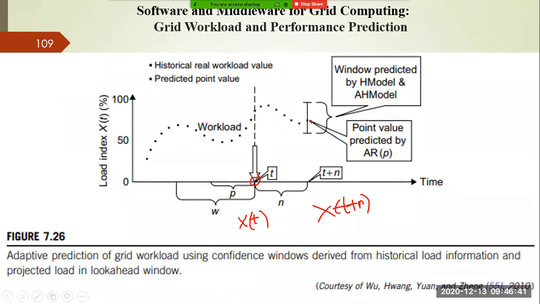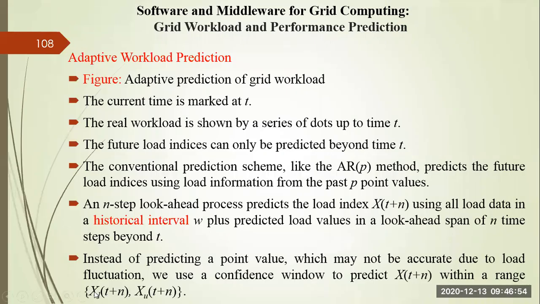So we are using a confidence window. The confidence window starts from t to t plus n, within the range x_l of t plus n to x_u of t plus n. These we are observing, right?